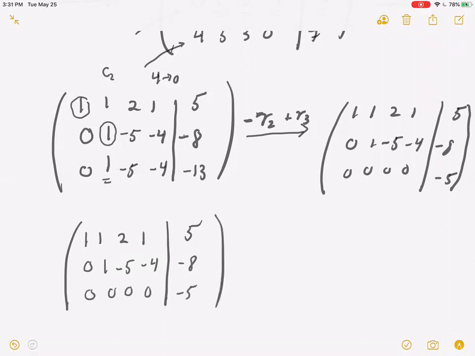Let's look at column 1. It has a leading 1. Column 2 has a leading 1 here. Or let me say that differently.